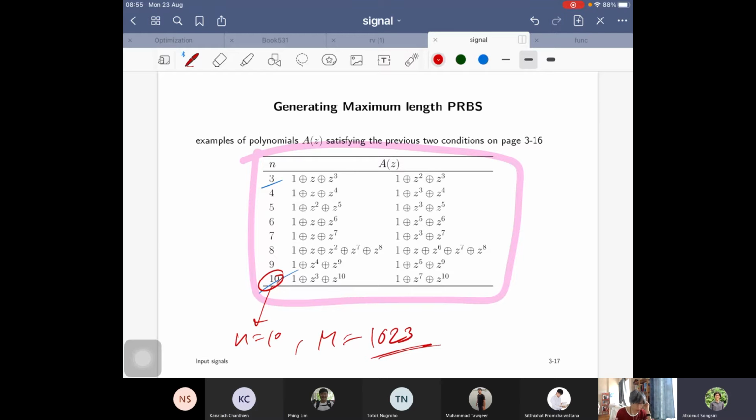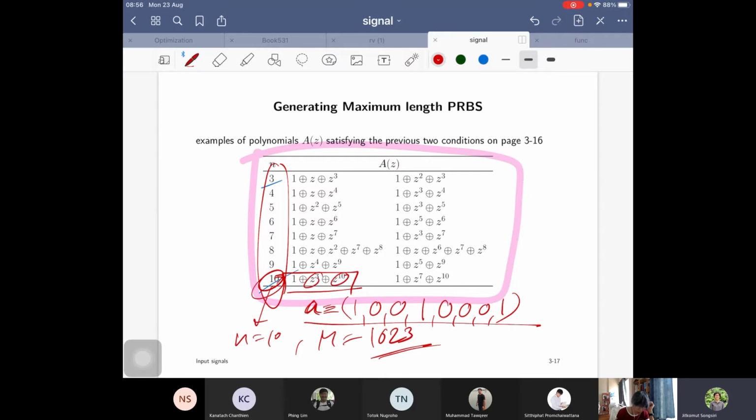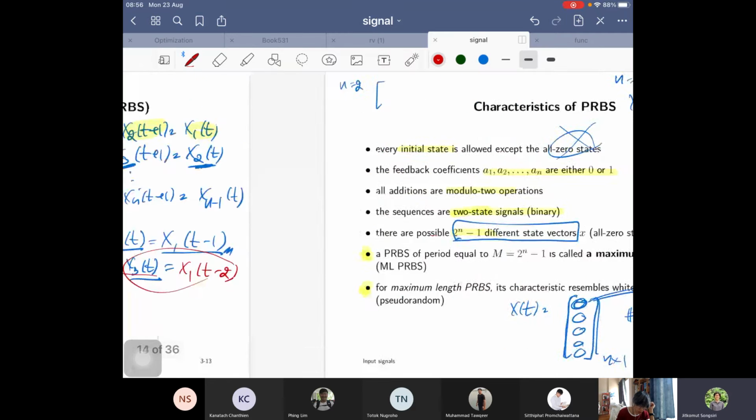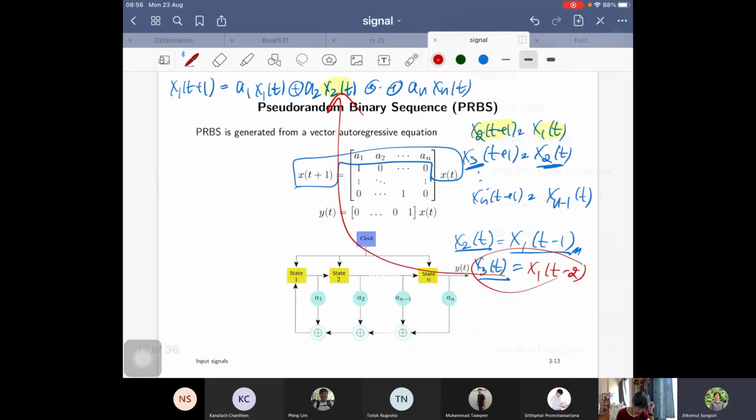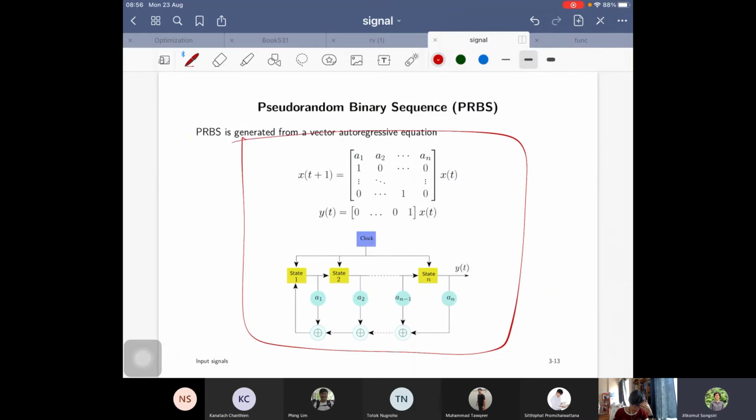So now you can see that by increasing the number of states, for example, if I use 10, I would just pick A(Q). So my coefficient A would be 1, 0, 0, 1, and then 0, 0, 0, all the way to 1. I use the corresponding coefficients A here and implement the PRBS according to this scheme.